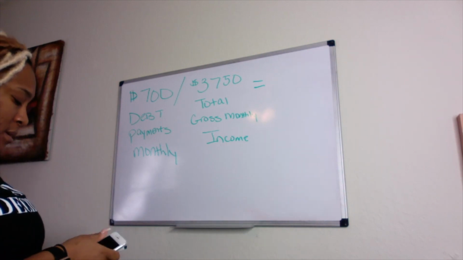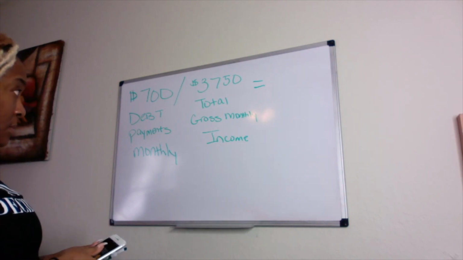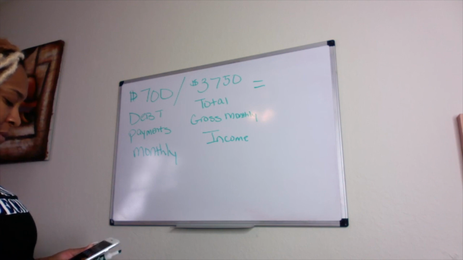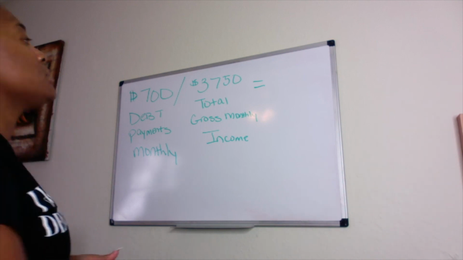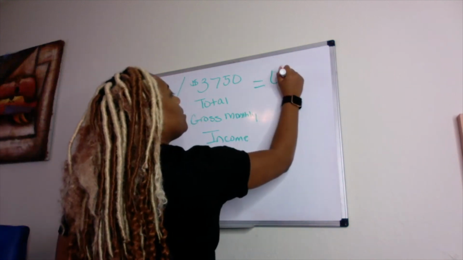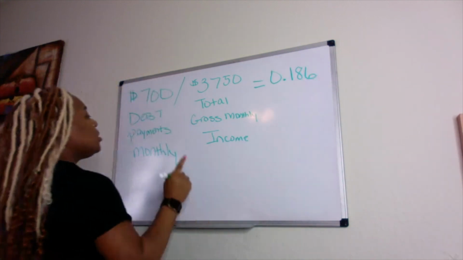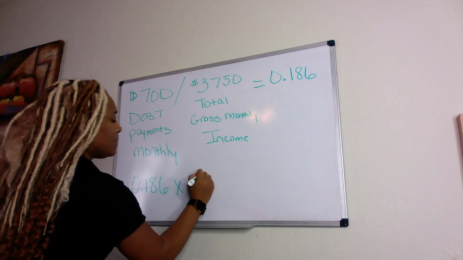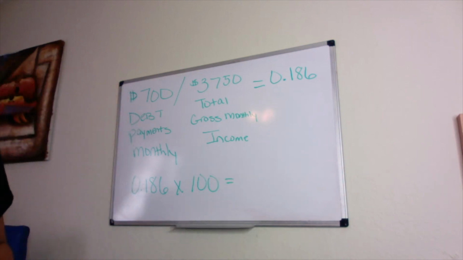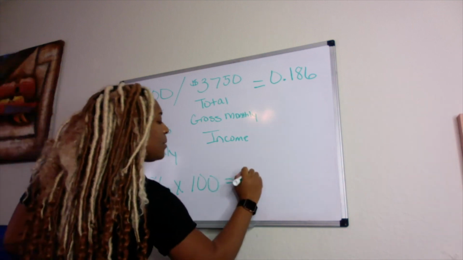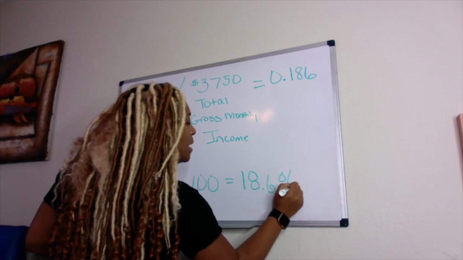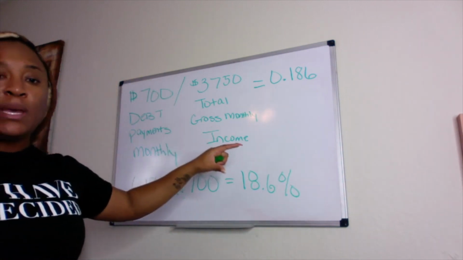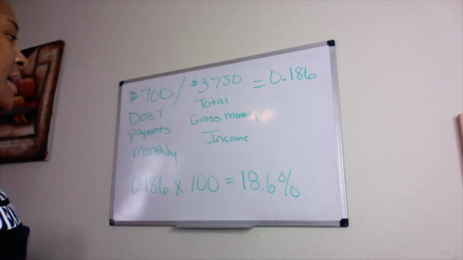That is going to give us, divided by 3,750, 0.186. You want to take that number and we're going to times that number by 100. That's going to give you 18.6%. Honestly, this is a really, really great debt to income ratio.